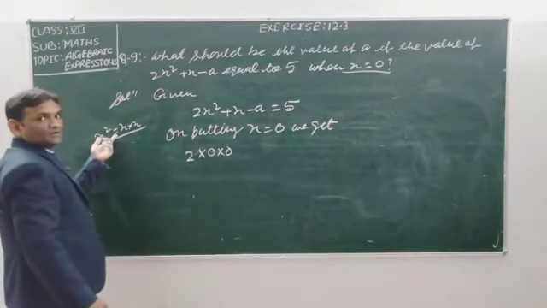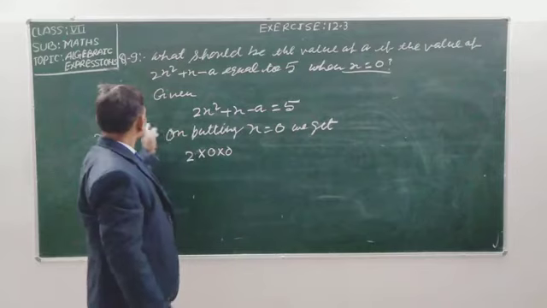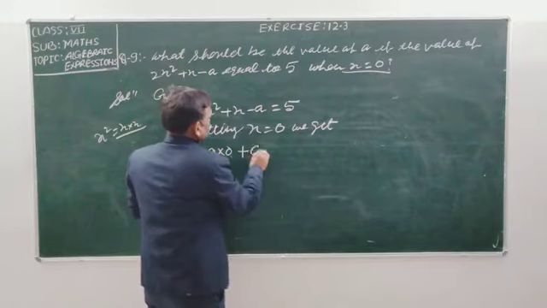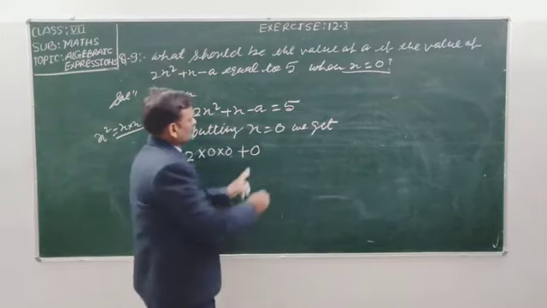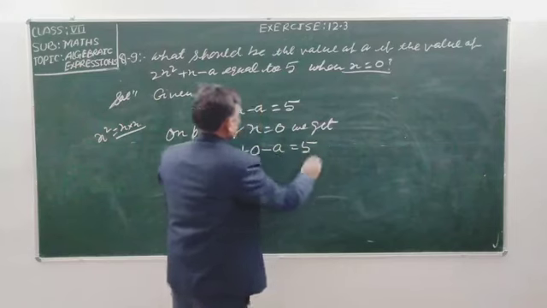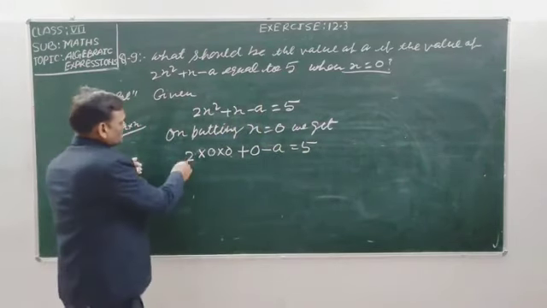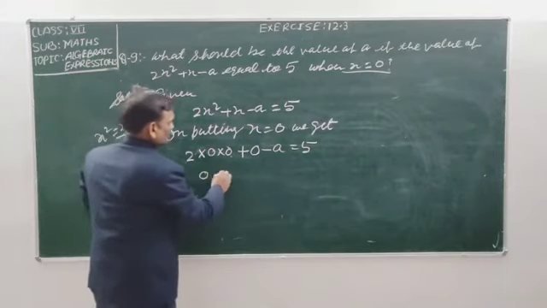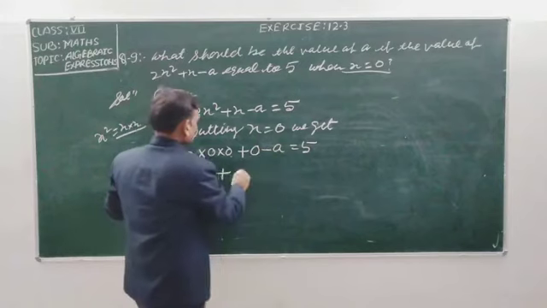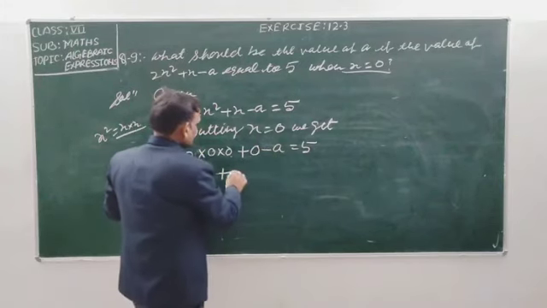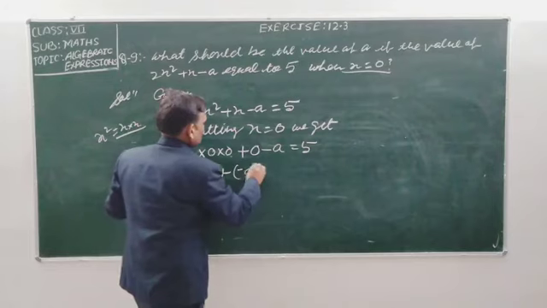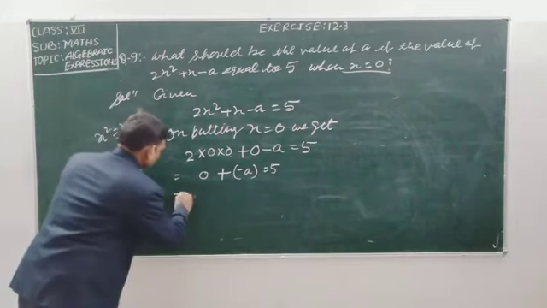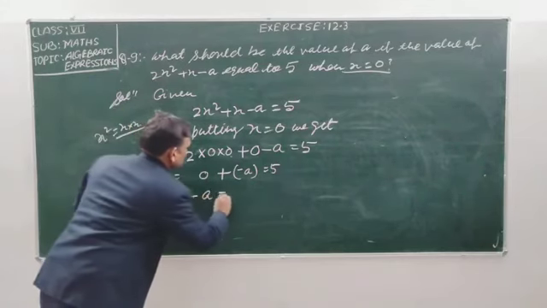Two times we multiply x, so two times we will write 0 also. 0 into 0 plus, in the place of x, 0, minus a is equal to 5. So student, 2 into 0 is 0, plus 0 minus a, it means minus a is equal to 5. In an easy way you can say minus a is equal to 5.